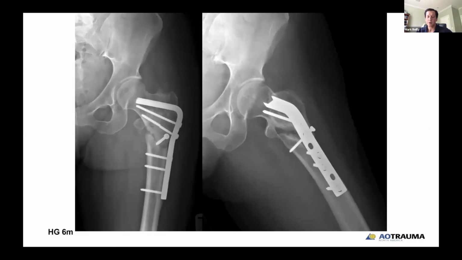And by 6 months, it's gone on to fail. So what did I not do? I didn't have a compressible surface. I did not achieve a stable construct. And so now you can see the plate bending into varus, the screws are failing. And now I have a non-union of my intertrochanteric osteotomy that I caused.